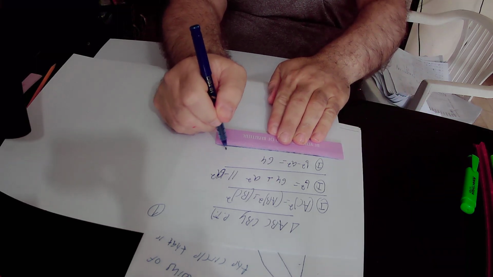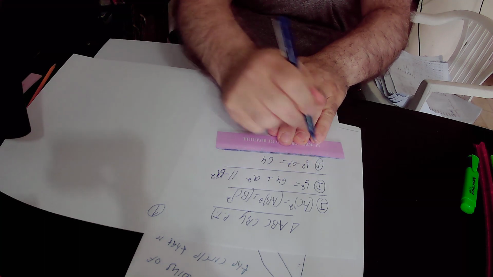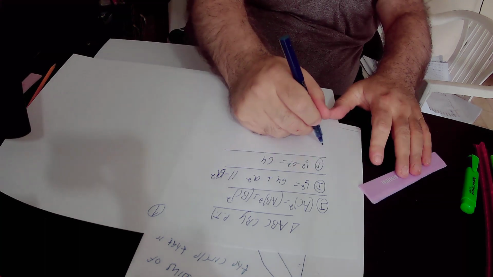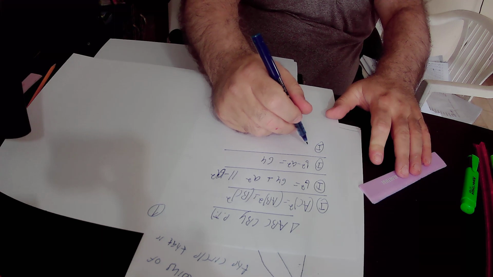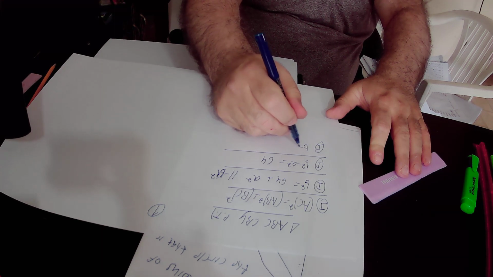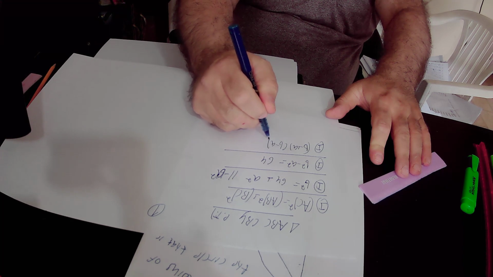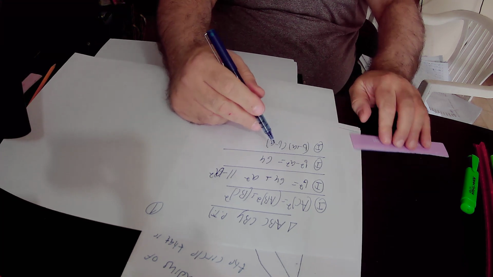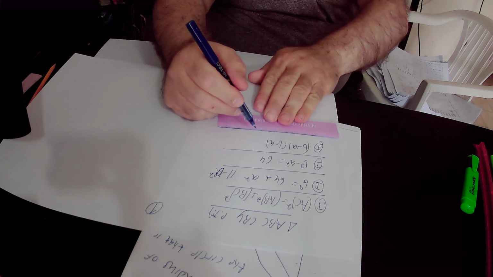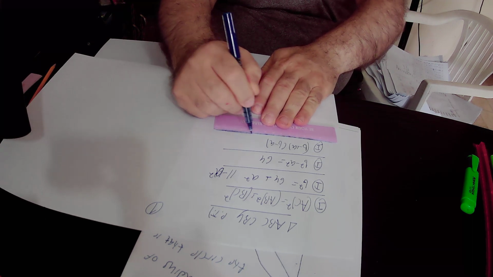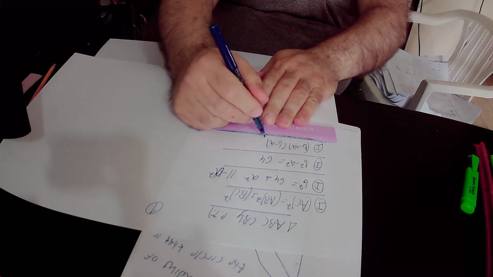We have the algebraic identity that B square minus A square is equal to B plus A times B minus A. So we substituted B square minus A square by B plus A times B minus A. And according to equation number 1, it is equal to 64.